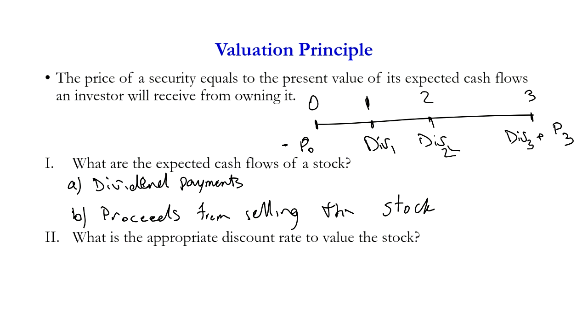So we need to use a proper discount rate to adjust for that risk. The appropriate discount rate is called the equity cost of capital. The equity cost of capital is the expected rate of return on an alternative investment with equivalent risk to the firm's share.